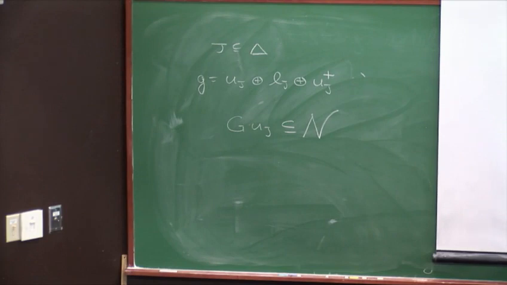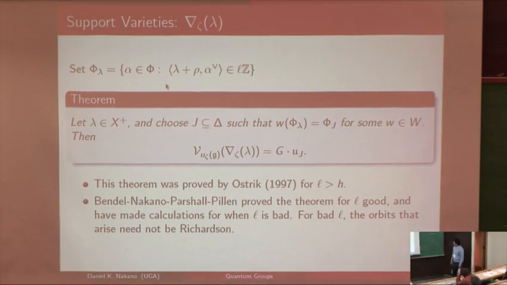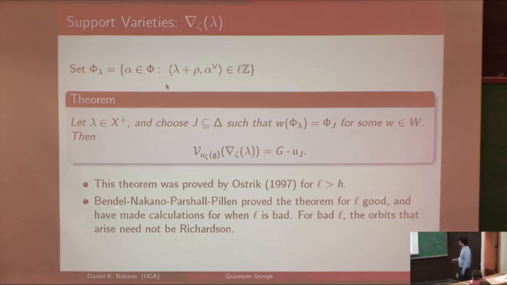Okay, so this theorem was initially, well actually the theorem was a conjecture of Jantzen for algebraic groups, and it was stated for p good. Ostrik proved it for the quantum case when l is bigger than h. So we actually proved it for the p good case, and with Bendel, Pillen, and Parshall, we extended Ostrik's result for when l is good.